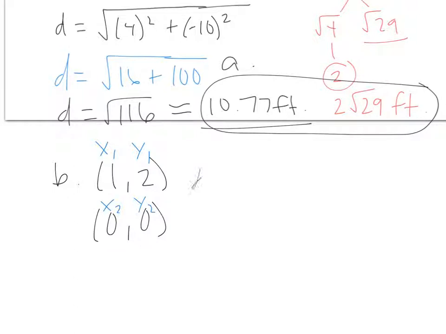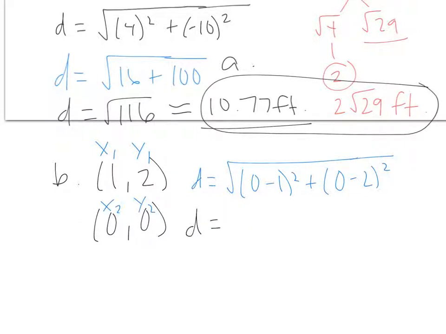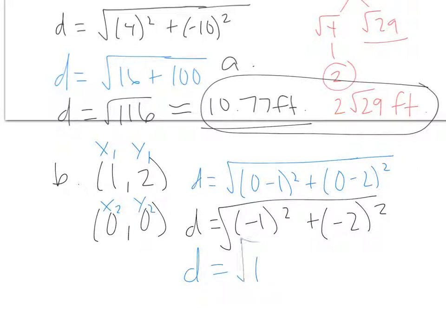So I'll say distance equals the square root of 0 minus 1 quantity squared plus 0 minus 2. And again, I'm just using the formula. So distance equals -1 squared plus -2 squared. And then I get distance equals the square root of 1 plus 4. And 1 plus 4 is just 5.